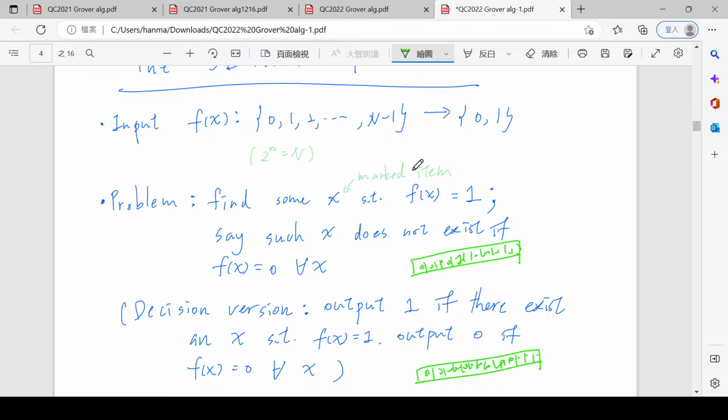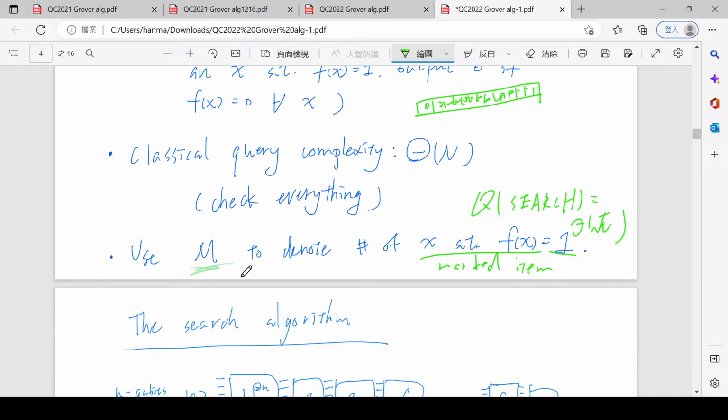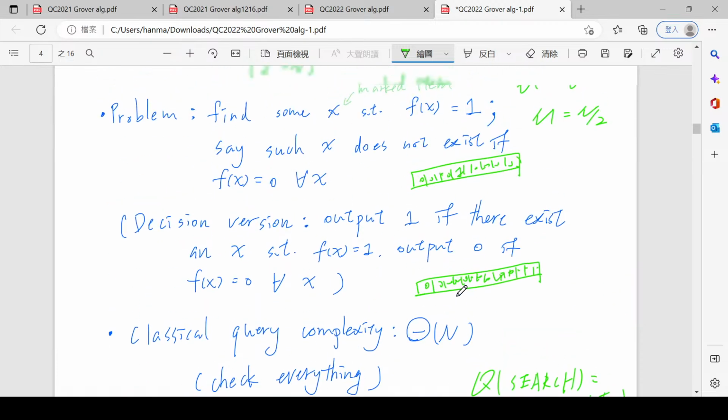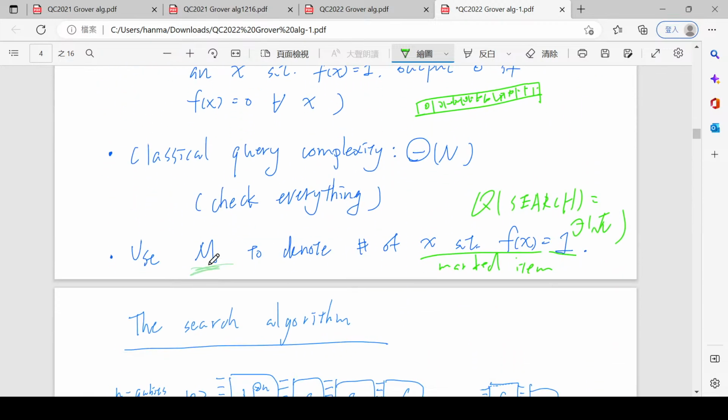Say if M equals N, then you don't even need to query, you just output whatever answer, that's a good answer. Then say that M equals N over 2, then you just need to pick a constant number of random items, and you will see something that's marked, and then you can output it, right? So if M is larger, then the problem is easier, so this is a nice parameter to keep track of, and actually we'll express our scaling with M also.